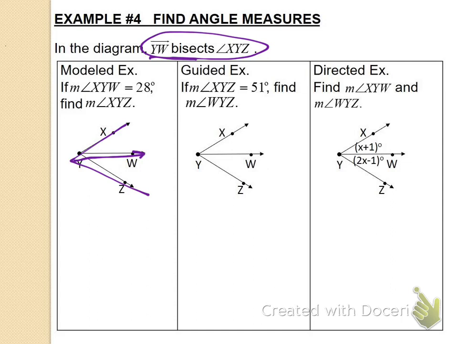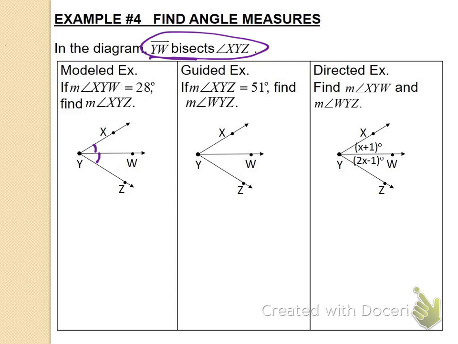Since ray YW is bisecting angle XYZ, these two smaller pieces are congruent, so we can mark that with arcs. We have some options here, just like with segment bisectors: we might set the congruent pieces equal to each other, or add them up and set them equal to the bigger angle.